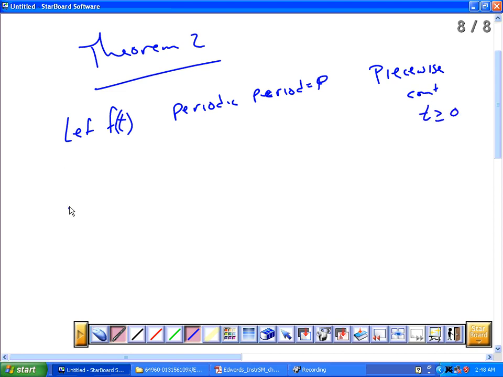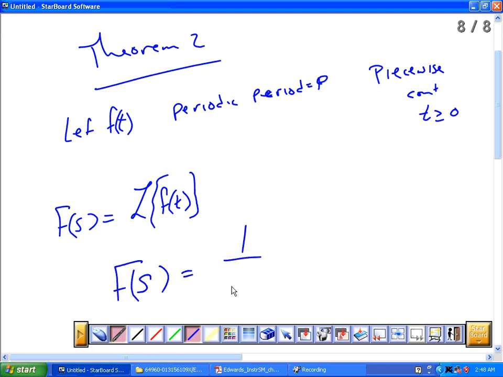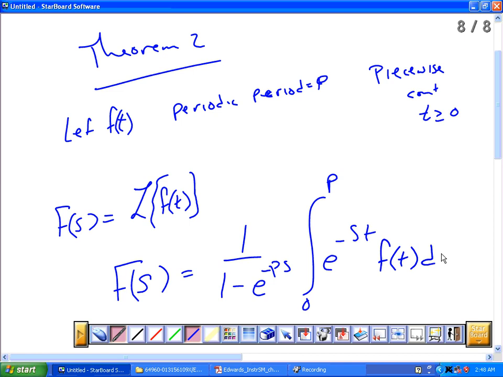Then the Laplace transform F of s equals the Laplace transform of f of t exists for every s bigger than 0, and it's given by, how fun is this, 1 over 1 minus e to the minus ps, times the integral from 0 to p of e to the minus st f of t dt.